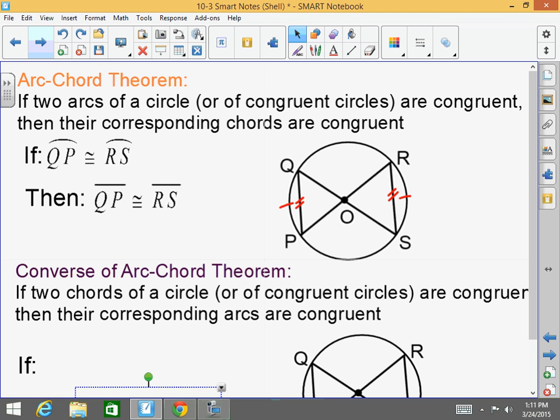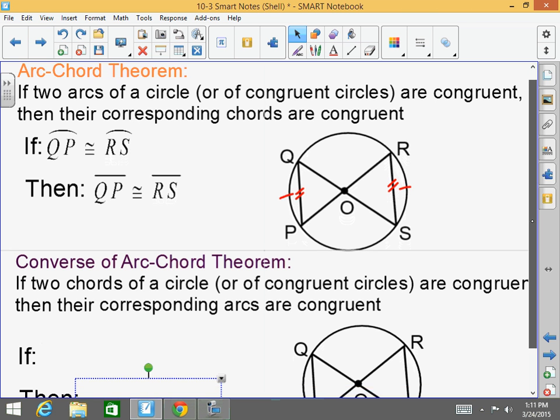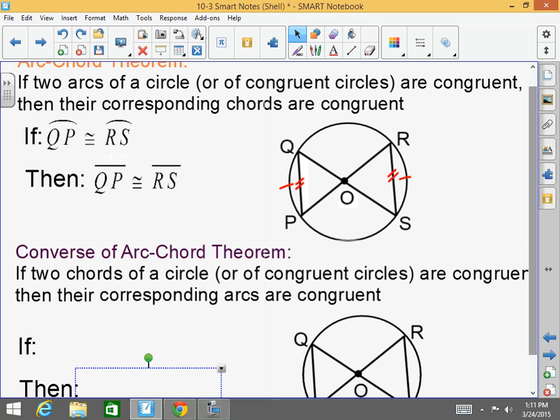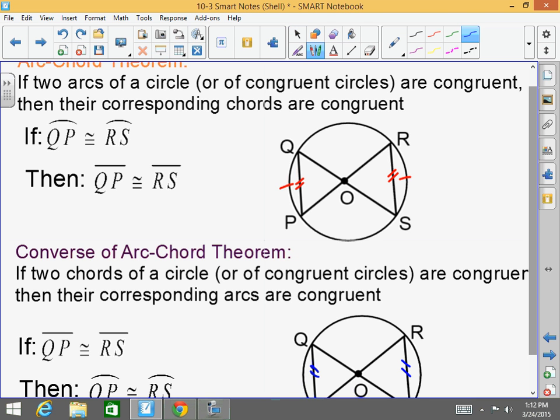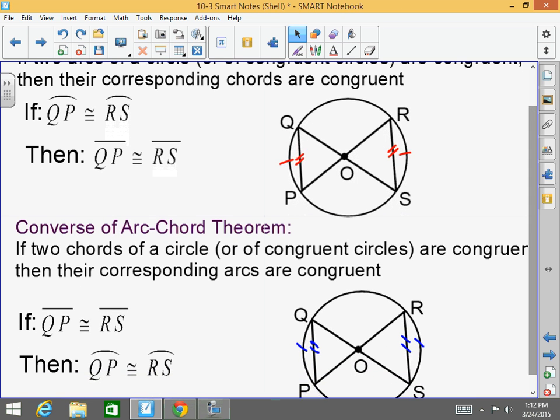If you have two chords of a circle that are congruent, then their corresponding arcs are also congruent. See if I can squeeze them both in here. Yeah, so basically what this is saying is if chord QP is congruent to chord RS, then arc QP is congruent to arc RS. Yes, sir.